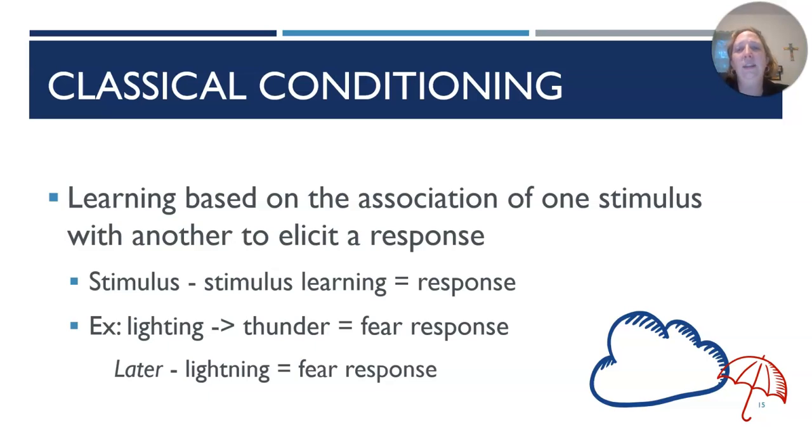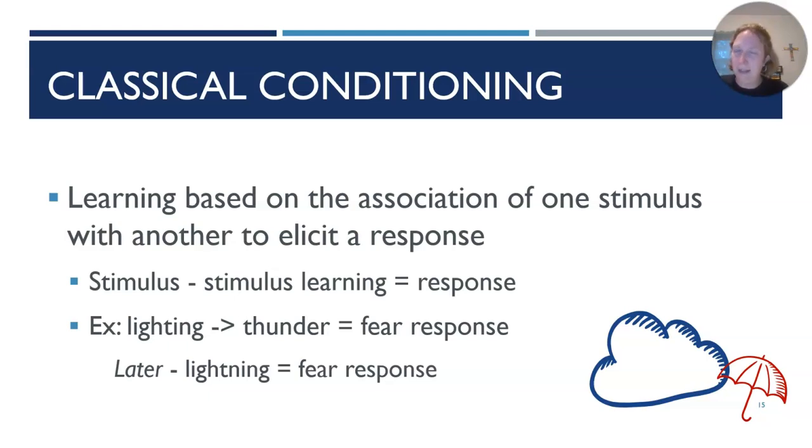This is when learning is based on the association of one stimulus with another to elicit a response. Again, fancy words. But what it's saying is if you put two stimuluses together and you learn that they go together, you're going to get a response. So for example, lightning is we associate or we learn to put that together with thunder, that they always travel together, so to speak. And then that's where the fear response comes from.